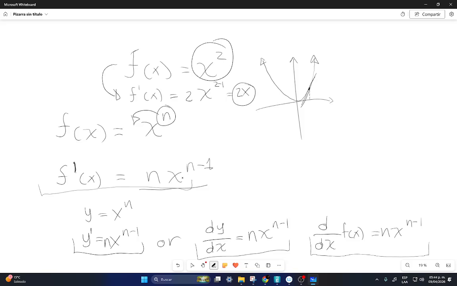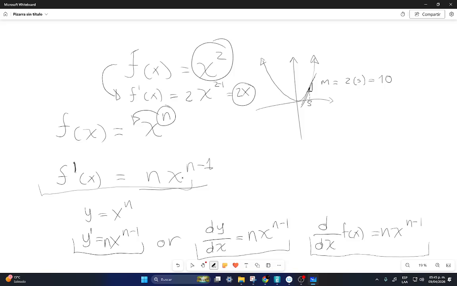So let's say that I want it where x is 5. The gradient of this line, remember, rise over run, is given by this function when we replace x with 5. So the gradient here will be 2 times 5, which is 10. That's the derivative of x squared when x is 5.